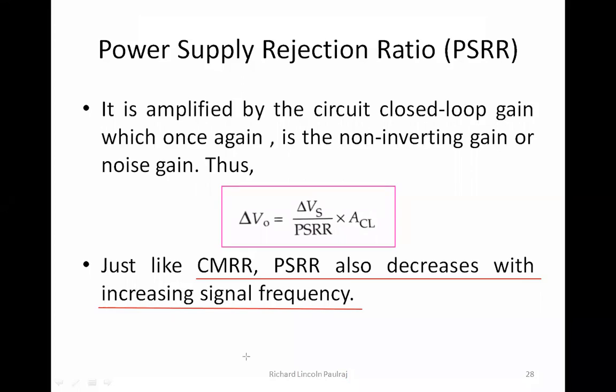When I say same, it means that if one increases, the other one decreases. So if the signal frequency and CMRR are inversely proportional, here PSRR and signal frequency, these two also are inversely proportional.